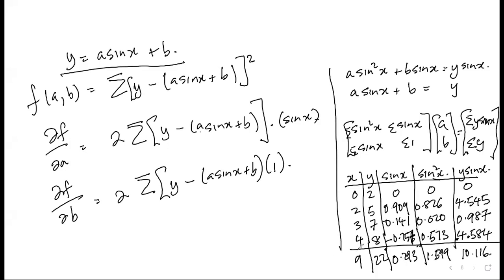Add up this again. 4.545 plus 0.987. The last one is 0.948. Hold on, sir, check the last one now. Is it 1.419 or 1.519?